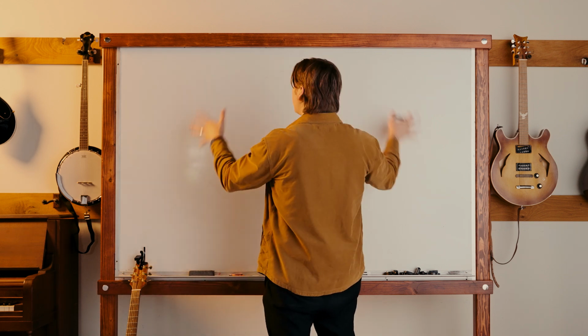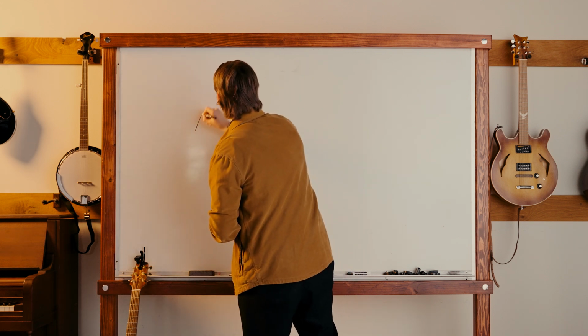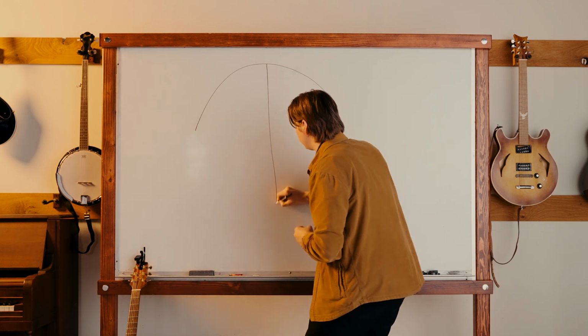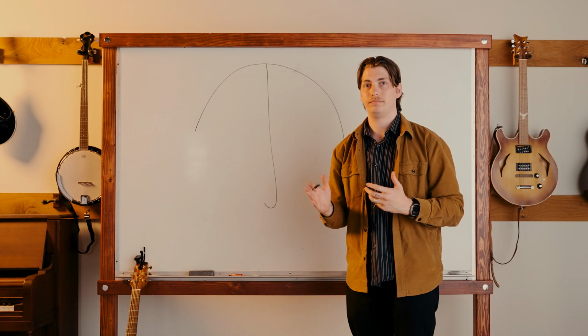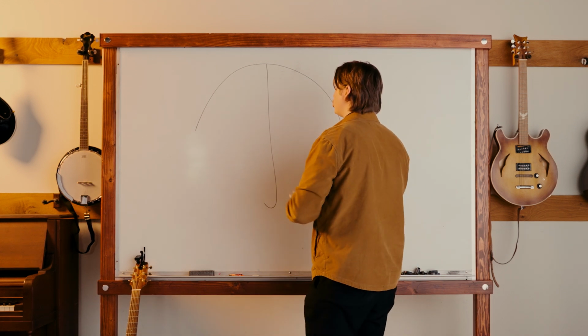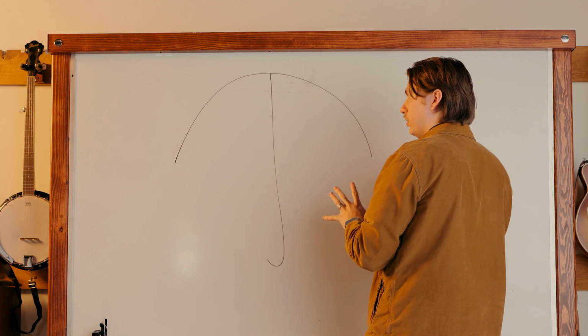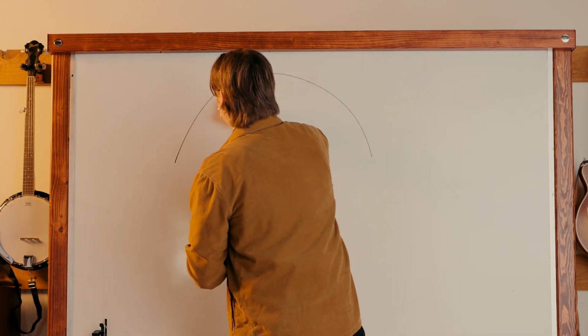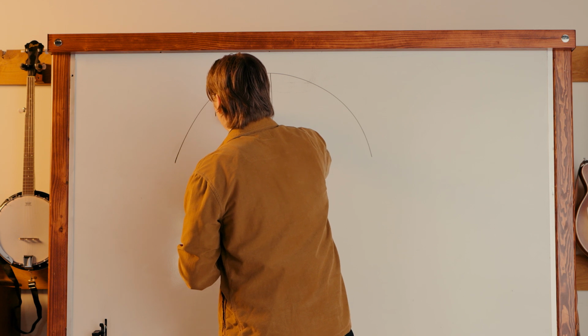So here's what we're going to do. I'm going to show you first this concept about music. Music is kind of like an umbrella. Now, this umbrella has two sides to it. Just stay with me, we got this. One of these sides is called melody.